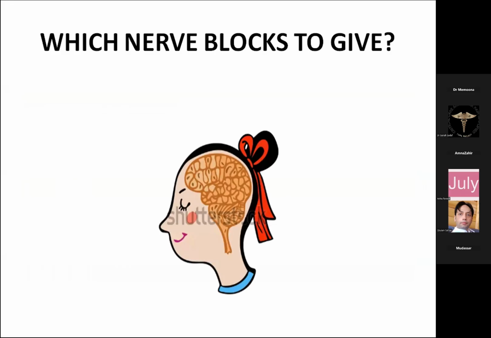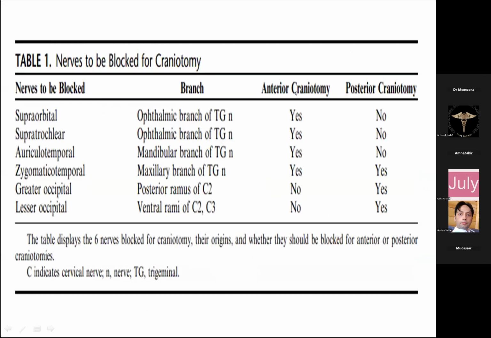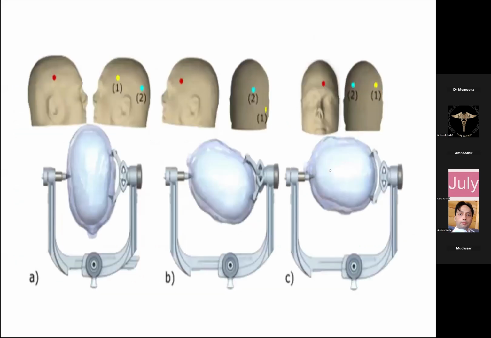Now, there are some studies which show that for anterior craniotomy, you need to block just the anterior branches. And for posterior craniotomy, you need to block the greater and lesser occipital nerves only. However, I would like you to remember the placement of the Mayfield pins and there may be extending of the incision, which could lead to discomfort to the patient.